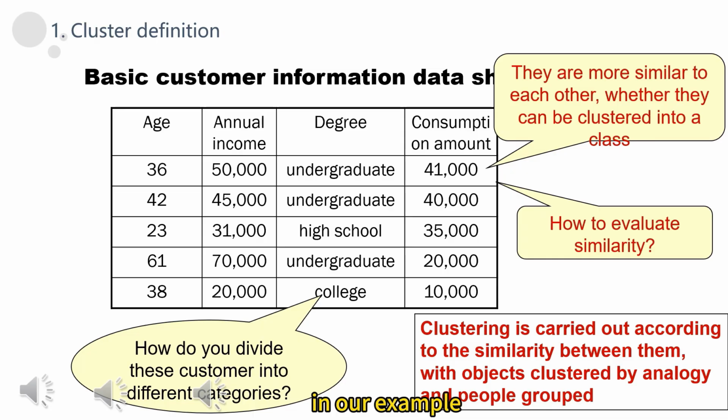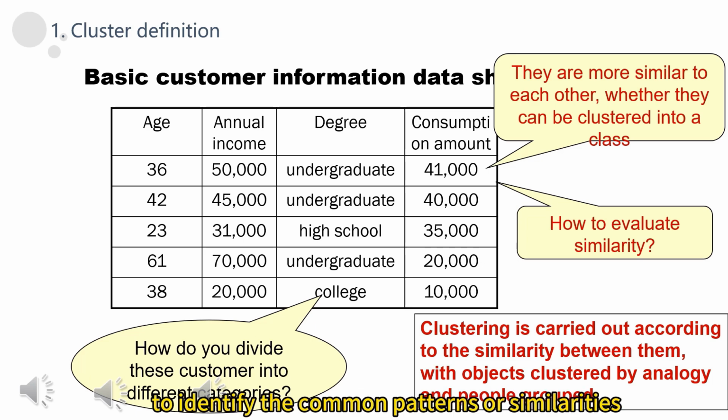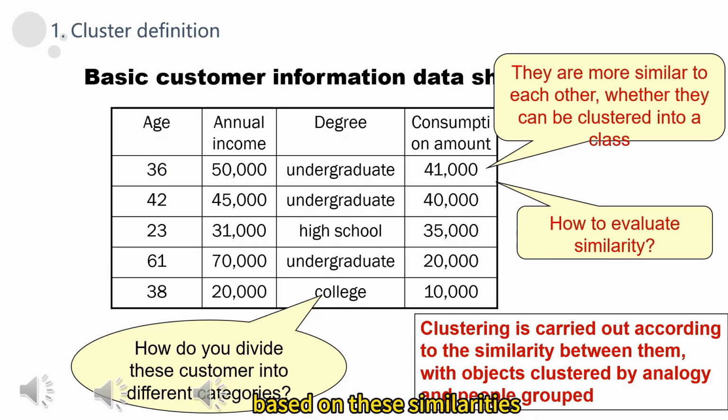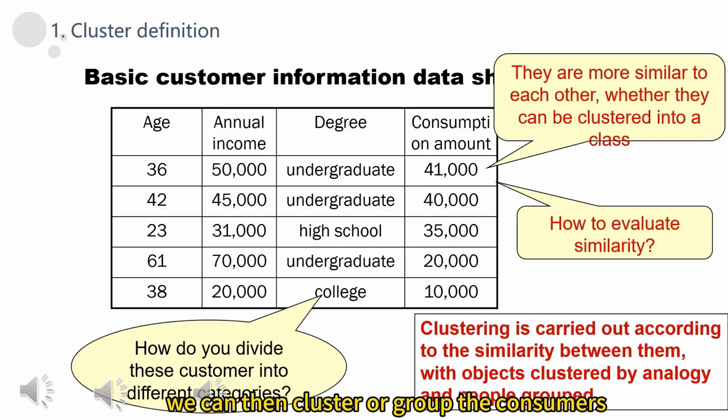In our example, we would analyze the consumers' age, income, education level, and spending habits to identify the common patterns or similarities. Based on these similarities, we can then cluster or group the consumers into different categories or classes. This helps us understand the different types of consumers we have and how they relate to each other.